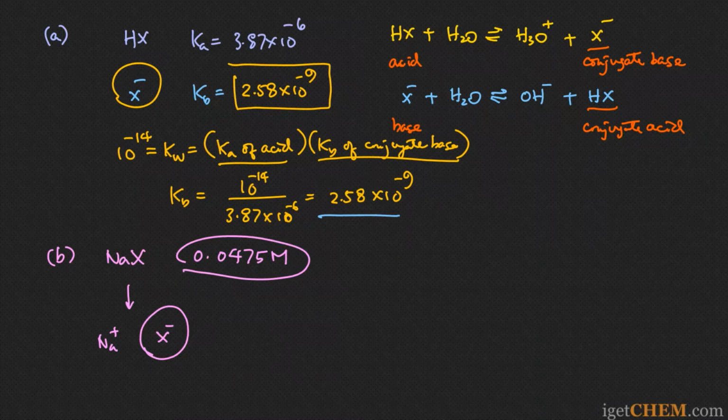So to do that, we can set up an ICE calculation because this is a weak base. So let me write down the equation again. X minus plus H2O becoming OH minus plus HX.